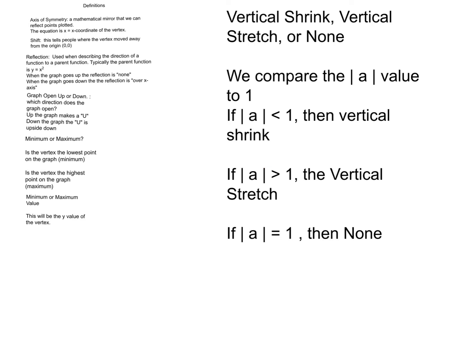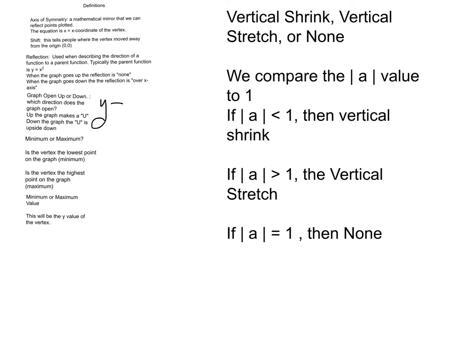Now, shrink, stretch, or neither. Now this pertains to the a value. Now again, remember, the a value in standard form is the number in front of the x squared. And the a value in vertex form is the number in front of the parentheses. So let me write it out so we can see it.